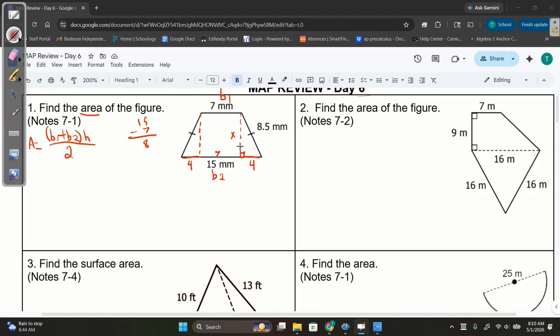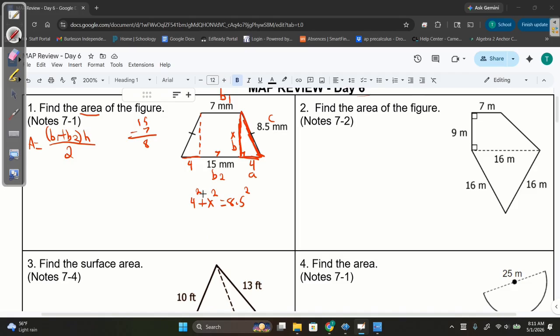Now you might notice we have a right triangle. So we can use Pythagorean theorem to find out what the missing height is. We'll call this side A, B, and C. So to find out the missing height, I would do 4 squared plus x squared equals 8.5 squared.